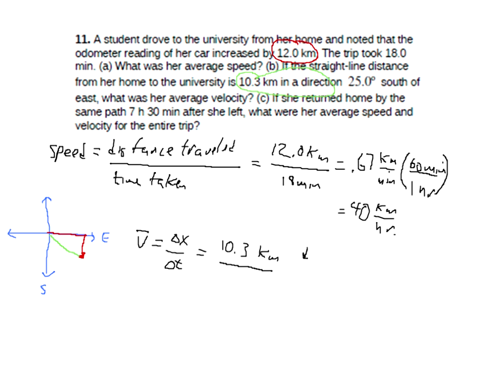Since delta t does not affect the direction, we're going to keep that out until, because we're going to have to do a little conversion here if we want to convert to kilometers per hour again. So 18 minutes, and actually that arrow is a little bit confusing if I don't do anything with it.